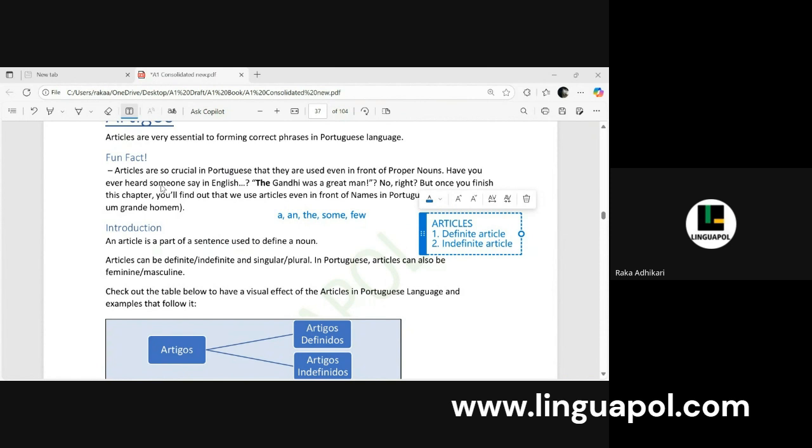Anyone has any idea? I think the definite article means when it points to a fixed or a particular thing, and yes, A and R are meant to be used for general things. Yes, right. Can you give me an example?